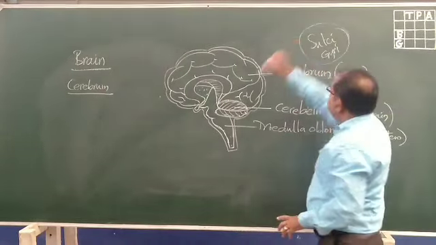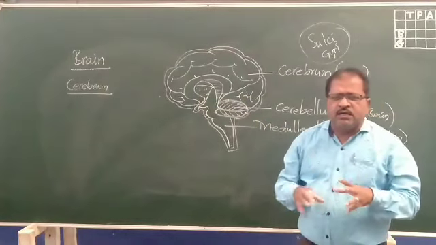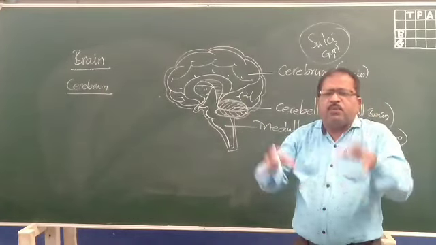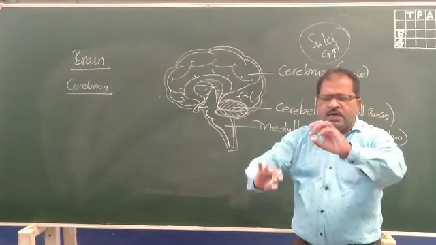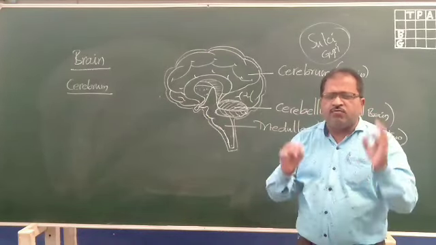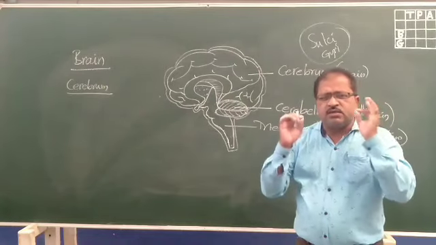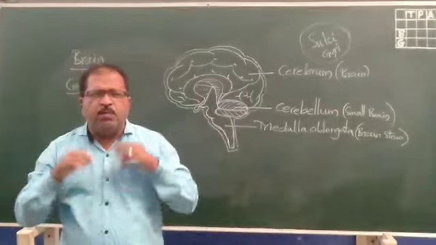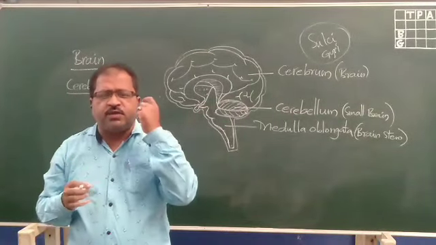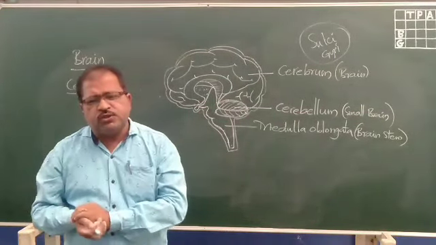These sulci and gyri make the surface area broader, so that more nerves enter into the brain, and the intelligent quotient increases because of these convolutions.